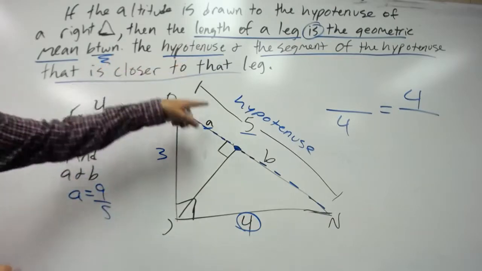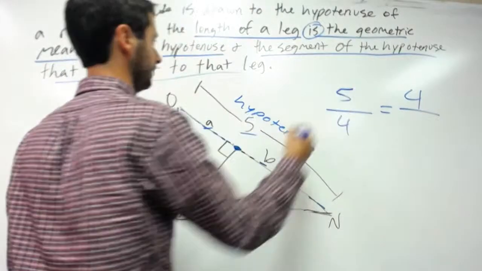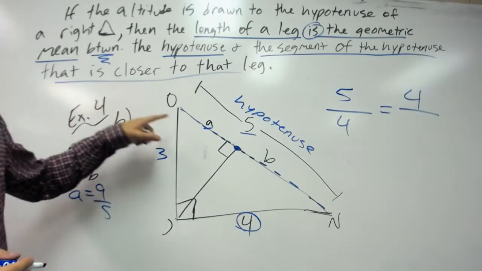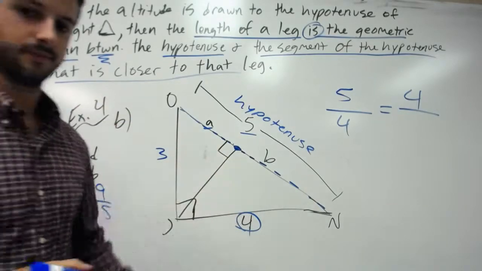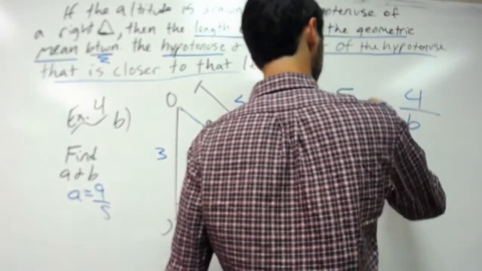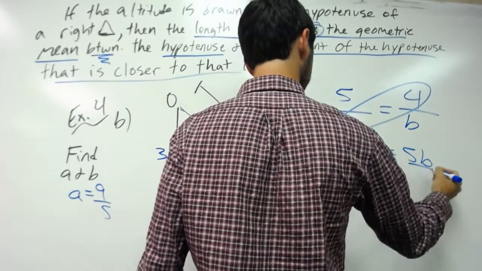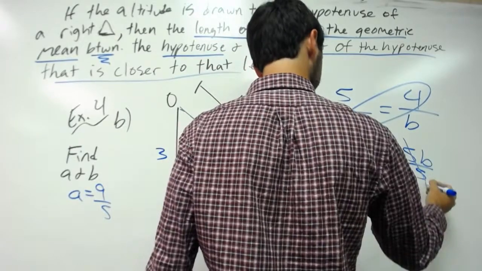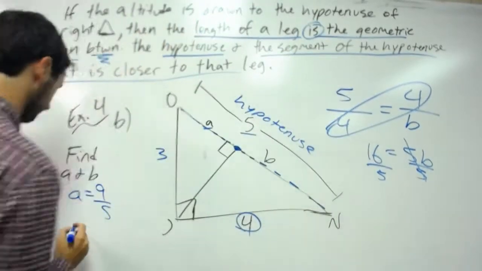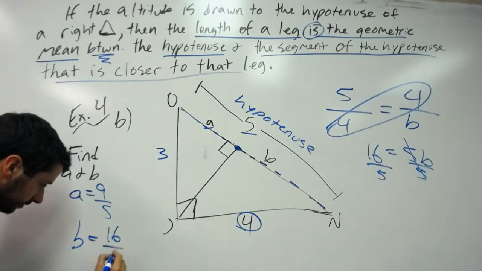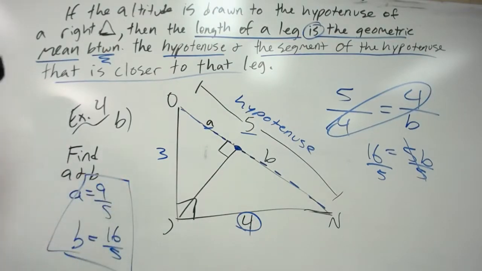Between the hypotenuse, which is 5, and the segment of the hypotenuse closer to that leg, so B. And now we can solve. 4 times 4 is 16 equals 5B. Divide by 5, 16 over 5 equals B. So that's what the geometric mean is, and that's how you solve these different problems using the geometric mean.